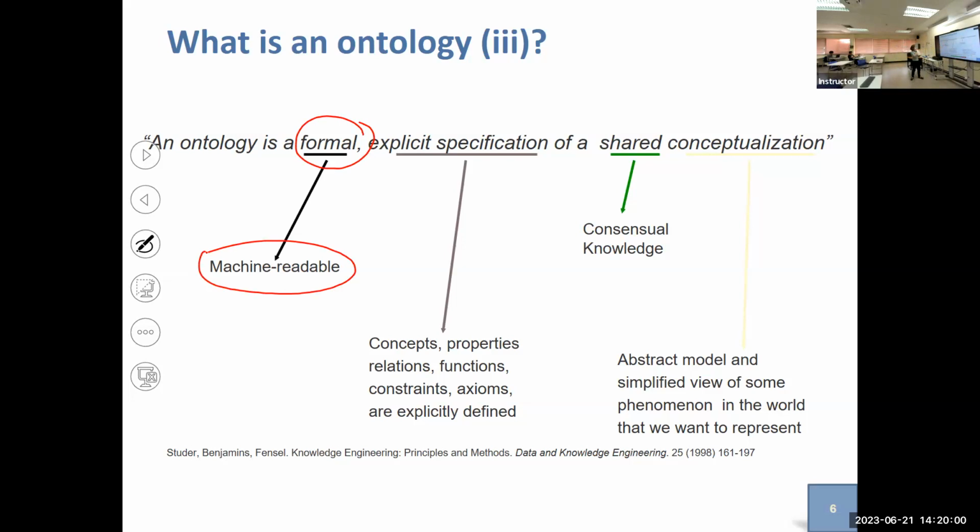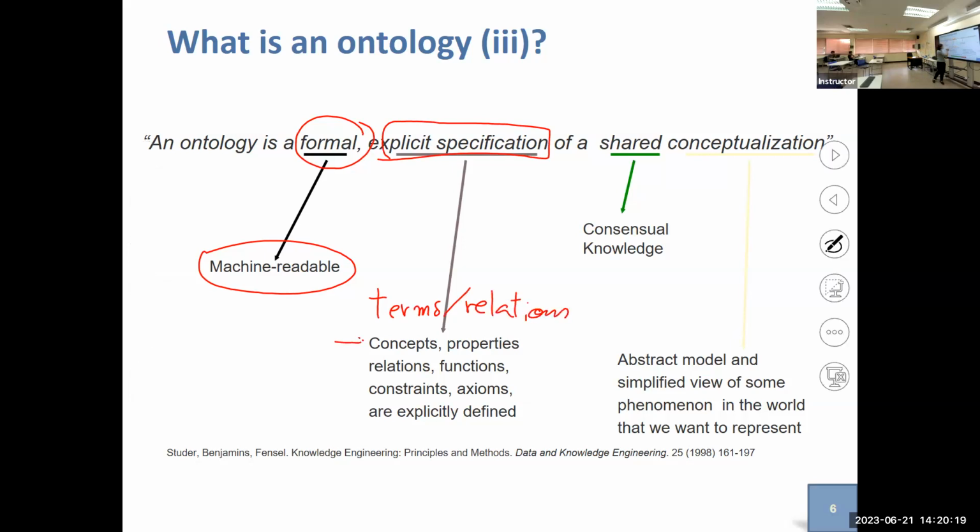It's explicit, which means that you need to make known the terms and relations, and to clarify further, it means concepts, properties of concepts, certain relations, even functions, constraints, axioms. These are things that can be defined within ontology.